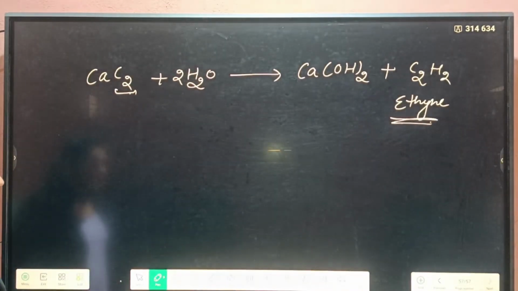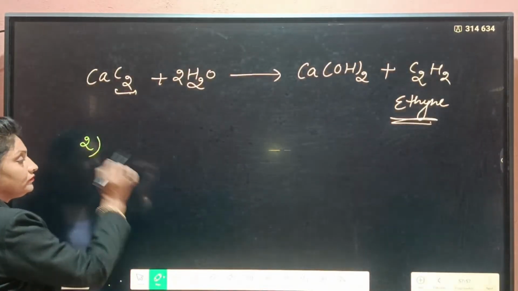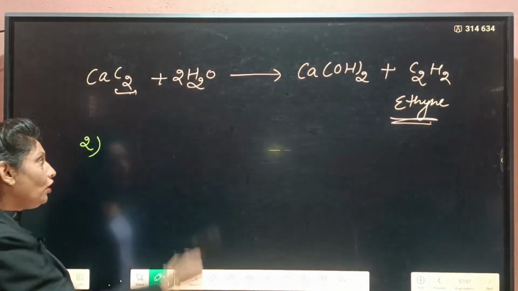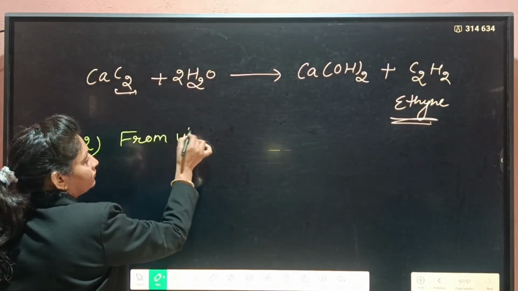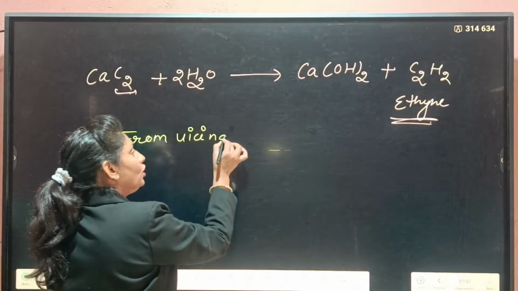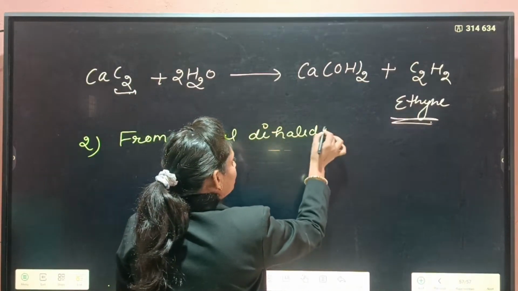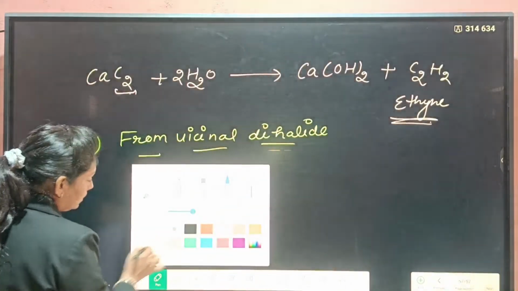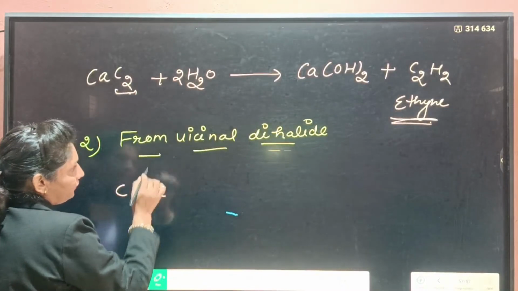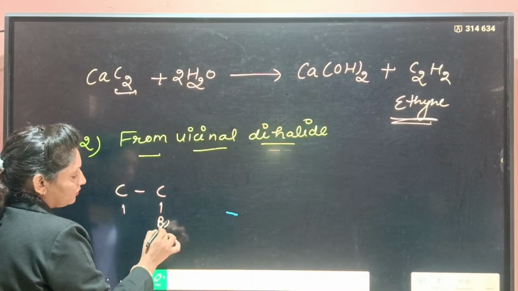Yes. Then students, the second method of preparation is from vicinal dihalide. Vicinal dihalide means halogens present at adjacent carbons.